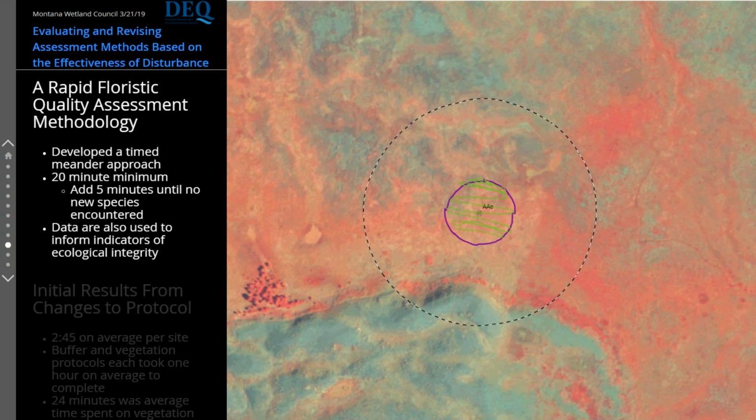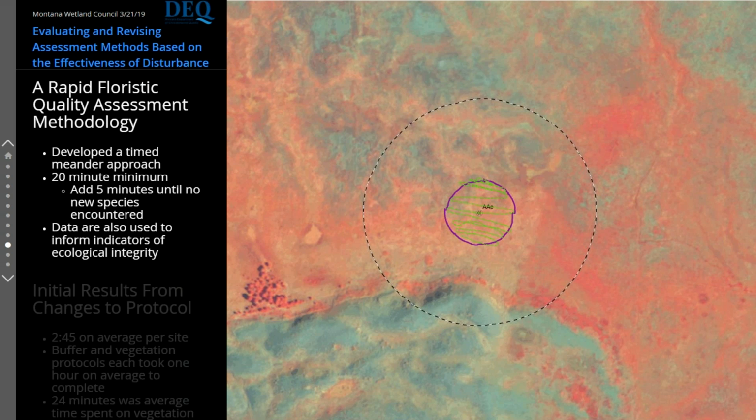Honestly, I've done a lot of assessments, and I prefer to hire someone who is much better than me at it. I could do it, but then I'm going to increase the variability in my data quite a bit. So this was the goal: I wanted to revise our veg protocol methods so that we get comprehensive vegetation data at every single site we sample.